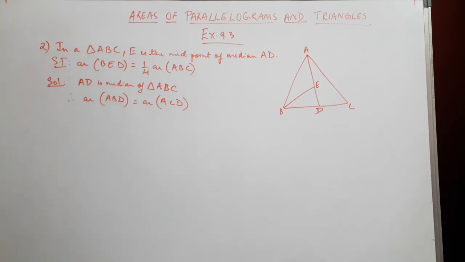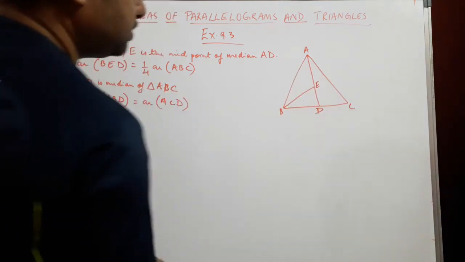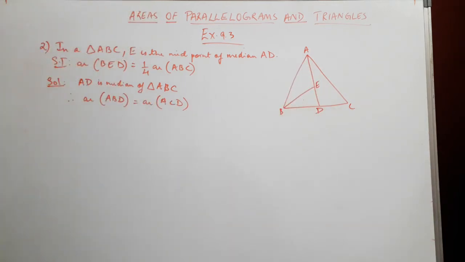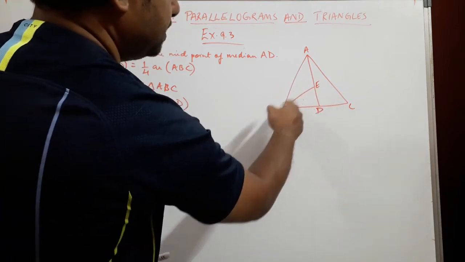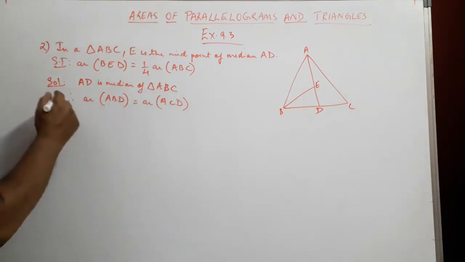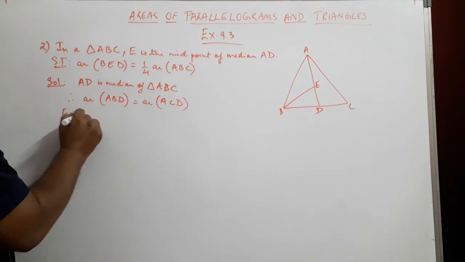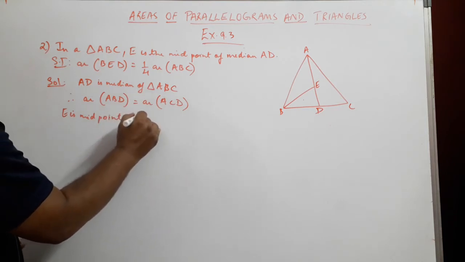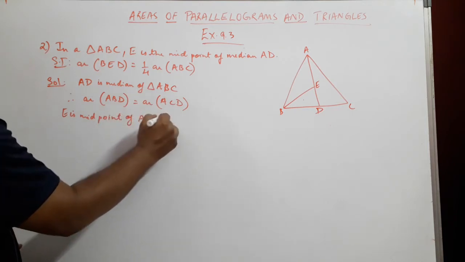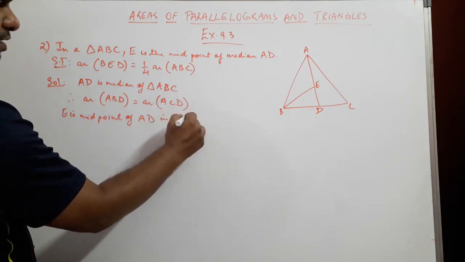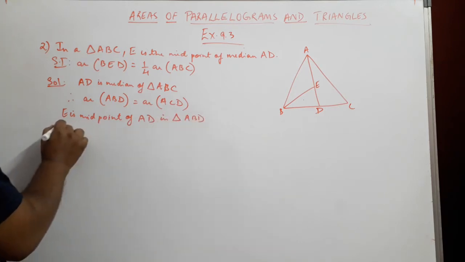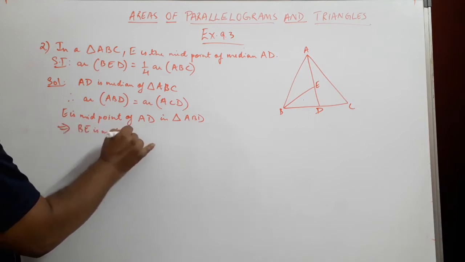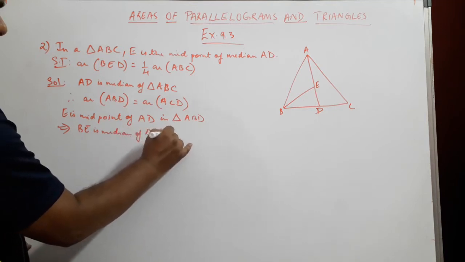Now we are also given that E is the midpoint of AD, which means that BE becomes the median of the triangle ABD. We mention over here E is midpoint of AD in triangle ABD. So this implies that BE is median of triangle ABD.